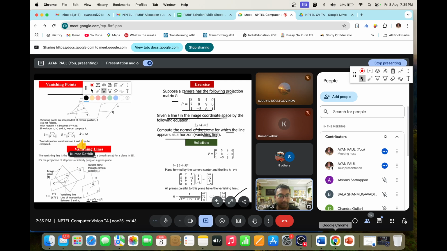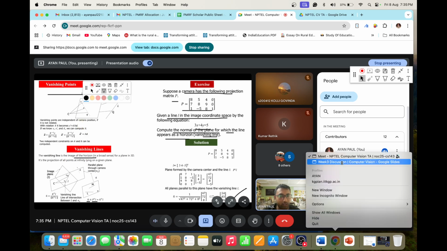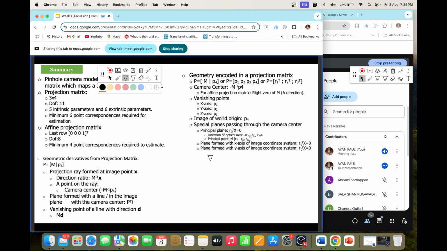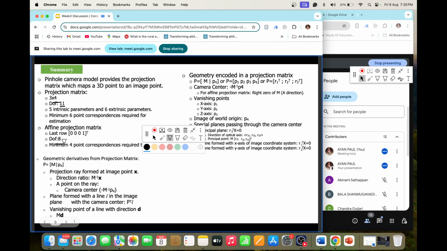Okay, nice. So with this, let's move on to the questions. This last slide is the summary. All this I have discussed again and again, so I am not repeating it. You can see the pinhole camera, then the projection matrix, 3 cross 4, 11 DOF, 5 intrinsic parameters, 6 extrinsic parameters. For the affine camera the DOF will be 8.